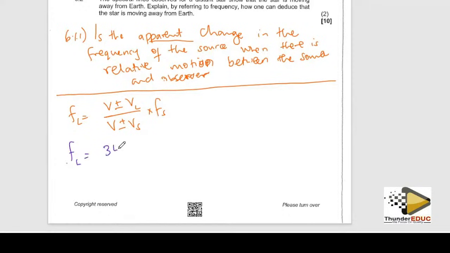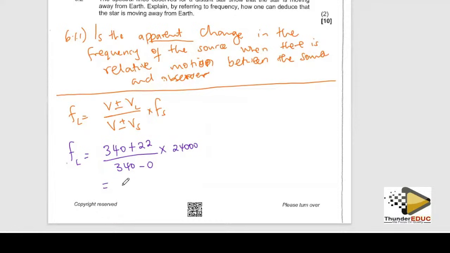So that's 340 plus the velocity of the listener, 22, over 340 minus 0, times the frequency of the source, which is 24,000. This looks to be for 6 marks, which means there's something else that needs to be done as well.